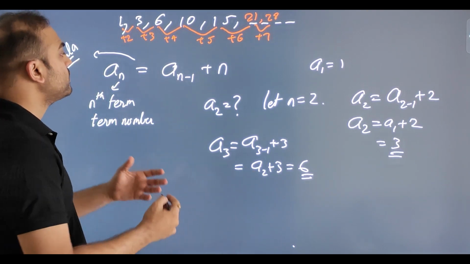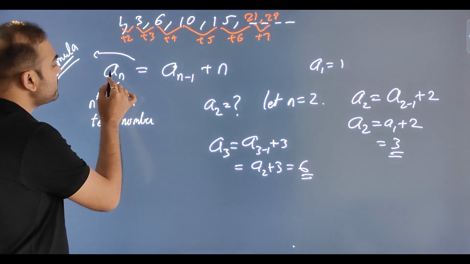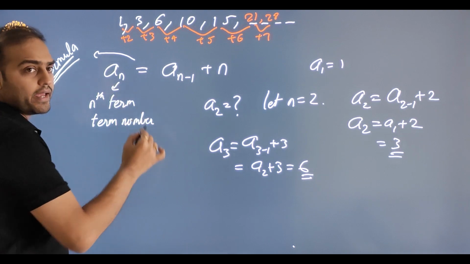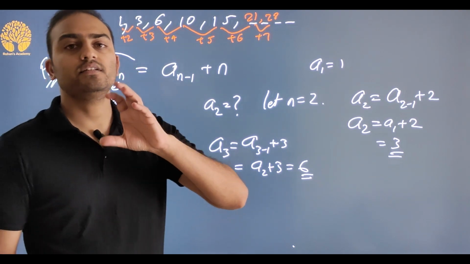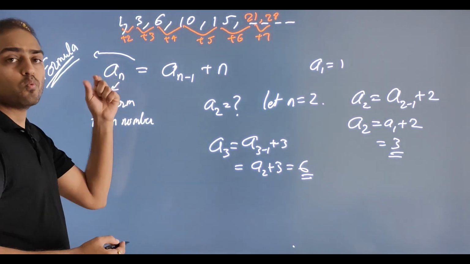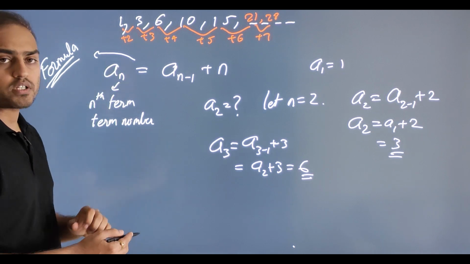So the point we are trying to learn is that when you say an, a is just the element of the set. a just signifies that this is sequence a. n tells you what the term number is.